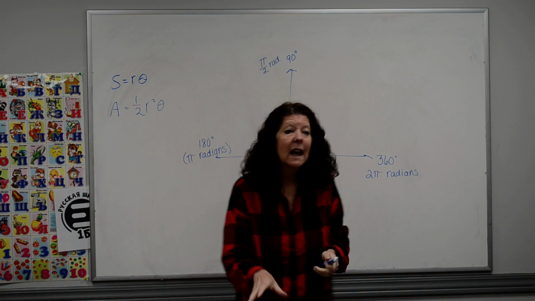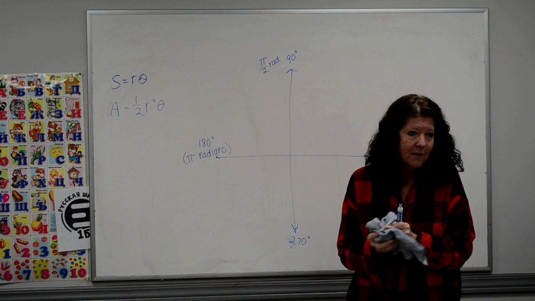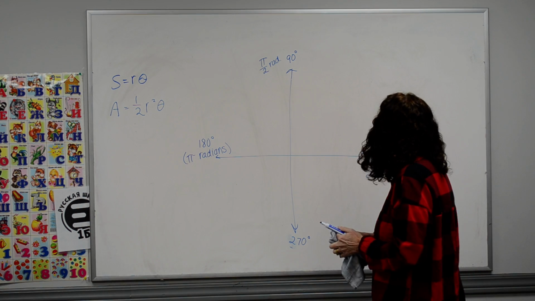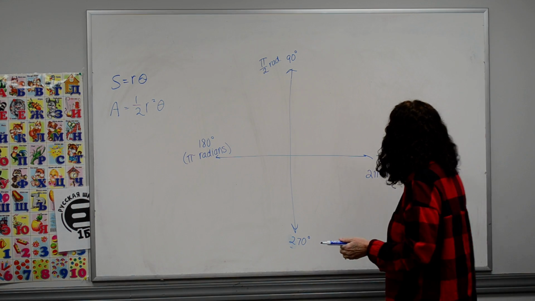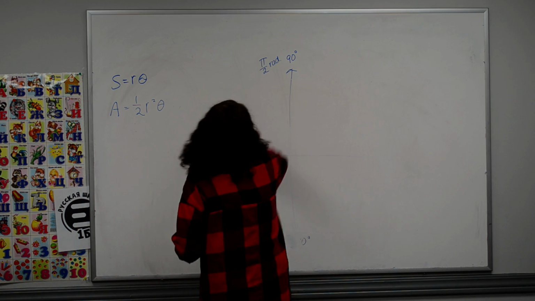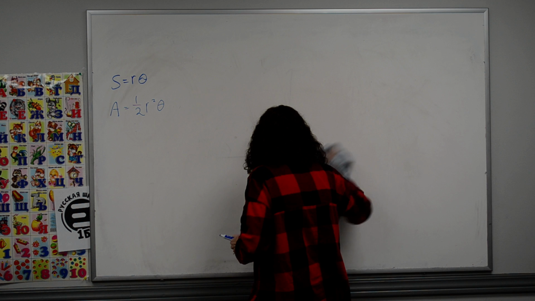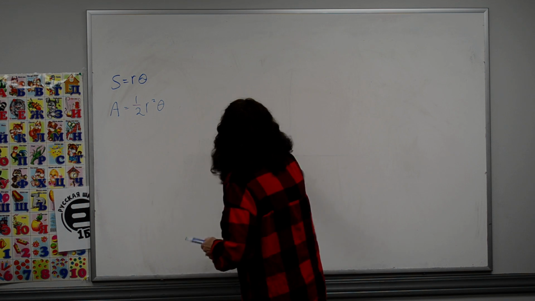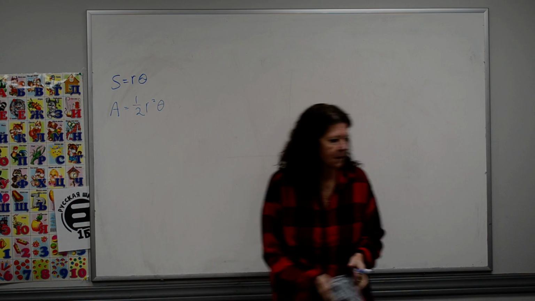All right, so we're going to have to be able to convert from one thing to another. I think I'm going to erase this and then we're going to come back to it, okay? Because there's some stuff you're going to have to memorize here on this coordinate plane, and obviously erasing the board is not going to be an easy concept today.